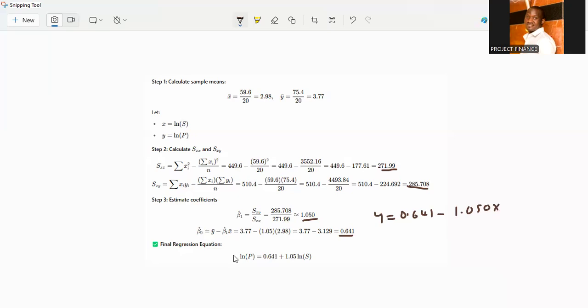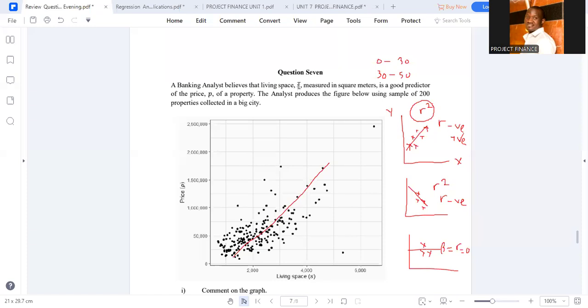We're going to leave it in logarithmic form, because our y is the price and our s, according to our guide, stands for the living space. So we're going to express them in terms of P and S, and introduce logs.